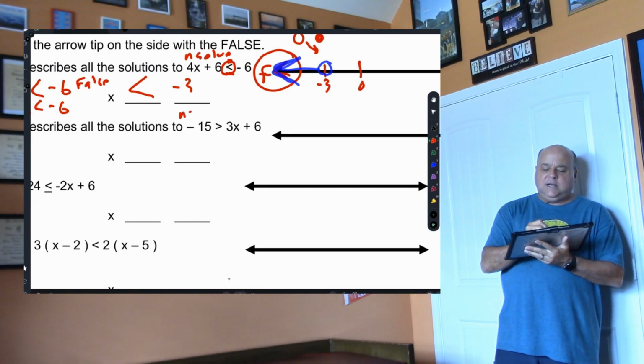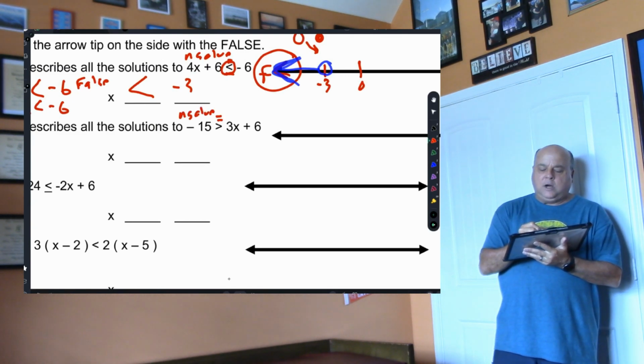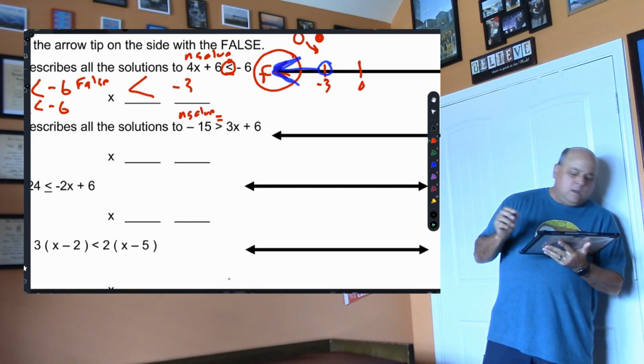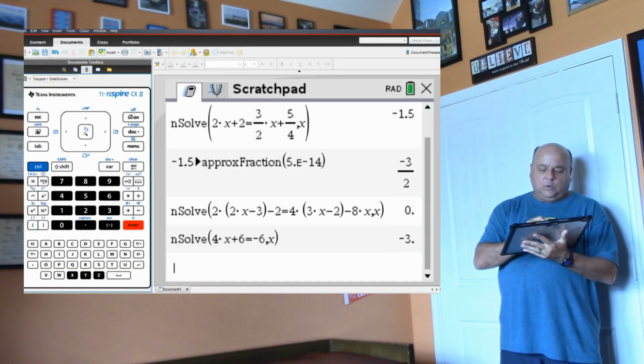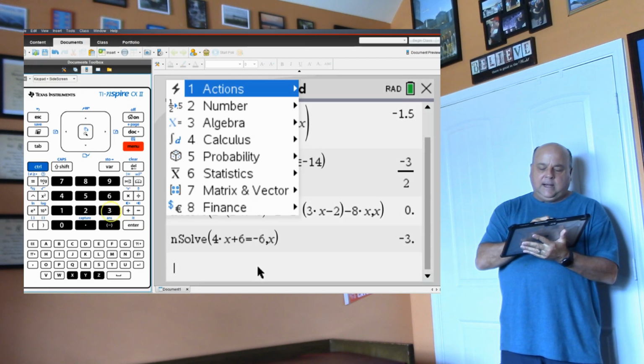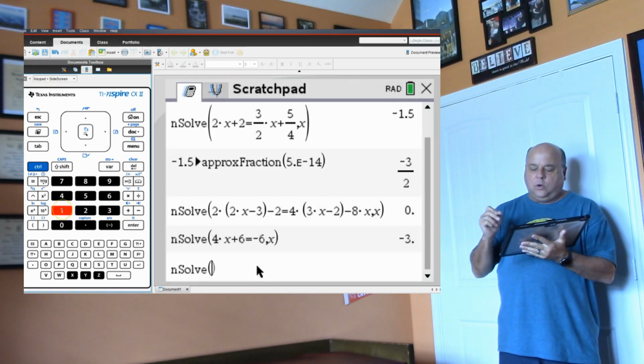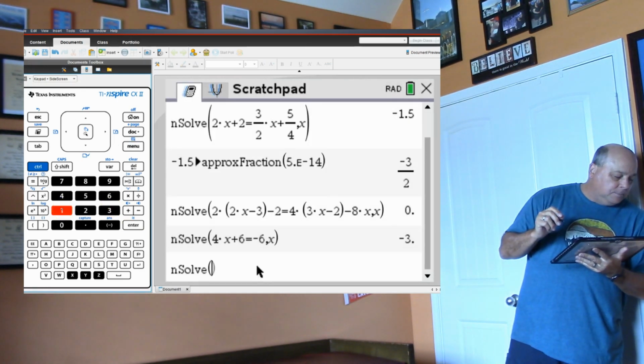We're going to type this into solve, and we're going to make that an equal, aren't we? Okay, so I made these kind of short to make this kind of simple. So we're going to do menu, and then we're going to hit algebra 3, numerical solve 1, and then we're going to type in the problem.